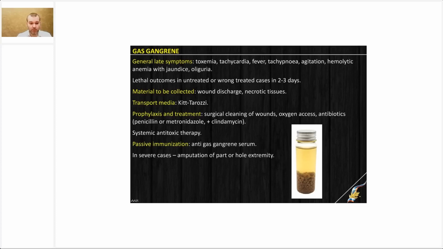So if a person is delivered in severe condition in late stages, or if some treatment wasn't proper, or the disease is still progressing, then amputation of the extremity, partial or complete, is required to prevent toxic effects on the whole body, because it can be the last measure when the whole part of the extremity is affected, muscles are destroyed, tissues are destroyed, and you will just have nothing to save. And amputation is the only measure to save the life of the patient.